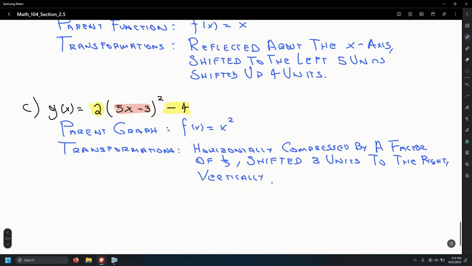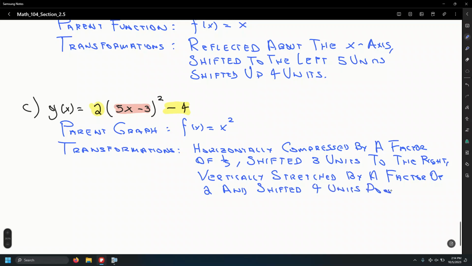Vertically stretched by a factor of 2. And what about that -4? What is that going to tell us? Shift the y down 4 units. Shifted four units down.